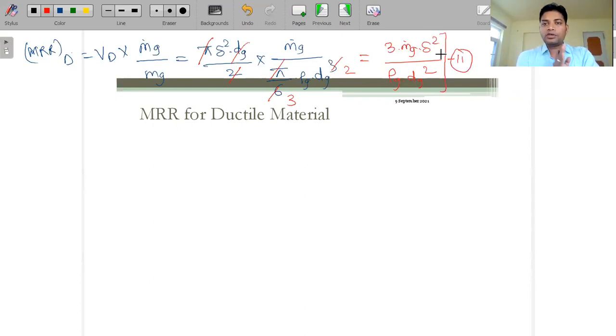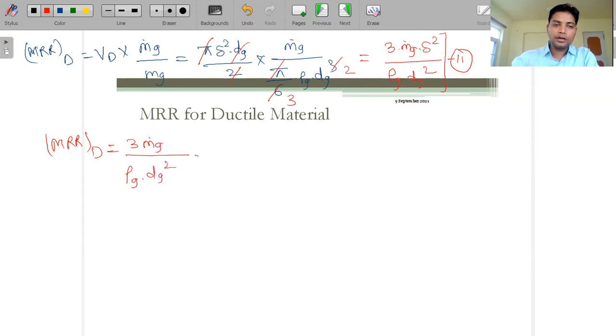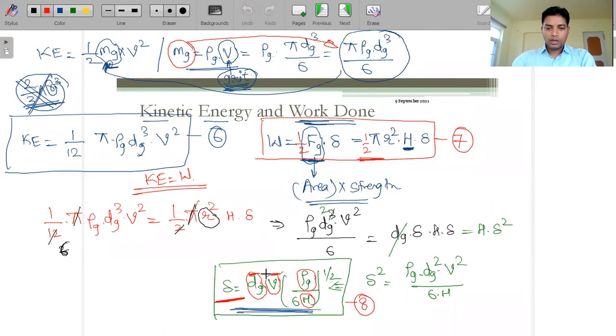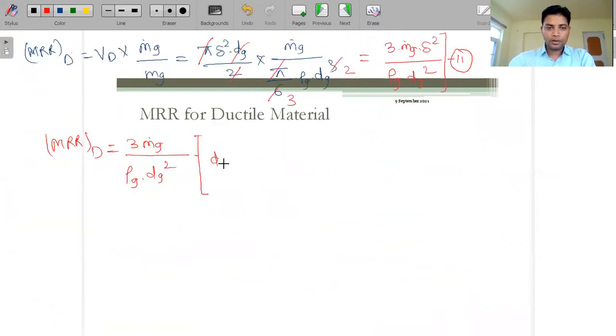Now we have to replace this delta. So the material removal rate during the ductile material will be equal to 3 into m dot g upon rho g into dg square into, now we are replacing this delta, so this delta will be equal to dg into v into rho g upon 6h raised to 1 by 2, into power square.